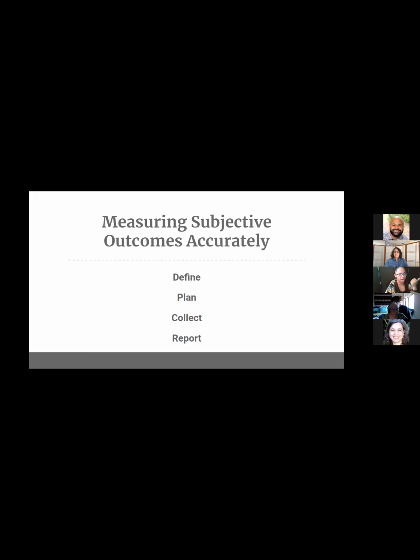You want to make sure that the subjective outcome is very clearly defined, and you want to identify some indicators so you would know what it will look like when you're successful and how you can quantify and measure that. And then a little bit more about how to create quantifiable subjective outcomes.